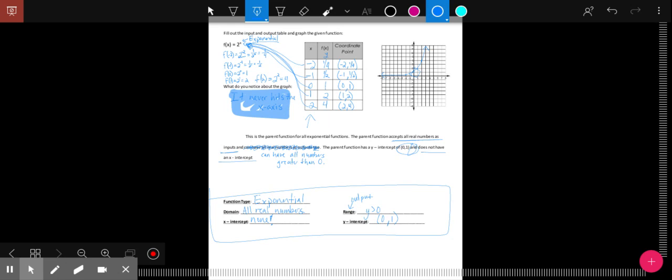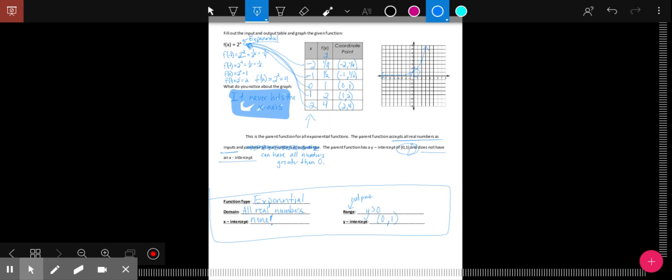So now we'll have f of 0 equals 2 to the 0th power. Well, I hope you remember anything to the 0th power is going to give me 1. Okay, anything to the 0 power always equals 1. The next one, we're going to have f of 1.